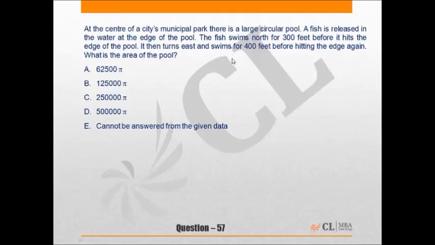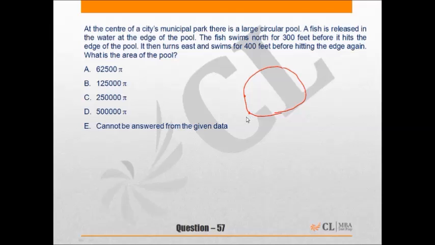In this problem it is given that a fish is released at one of the edges of a circular pool, and it swims north for 300 feet before it hits the edge.